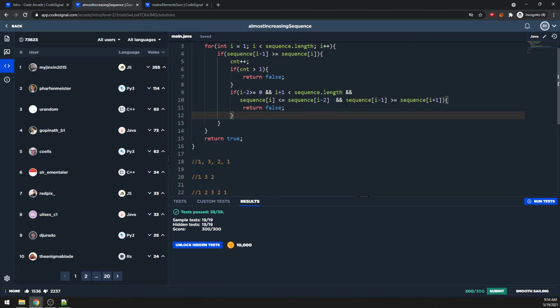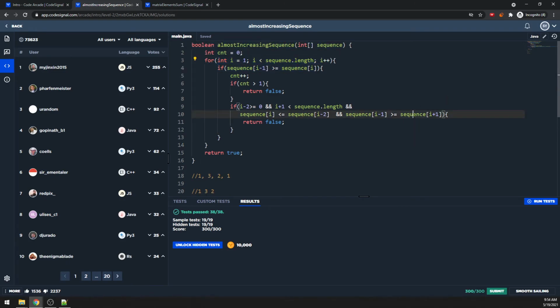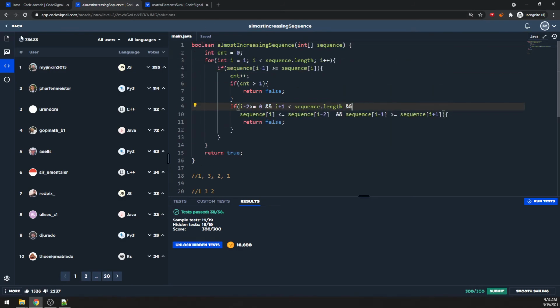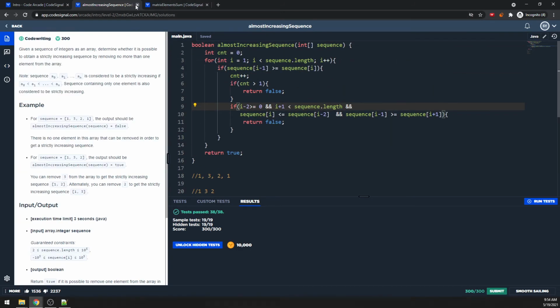So the time should be O of n, because you loop through the array, and since you know the index is all of 1, you don't need to worry about it. So this question is pretty straightforward. Okay, let's go on next one.